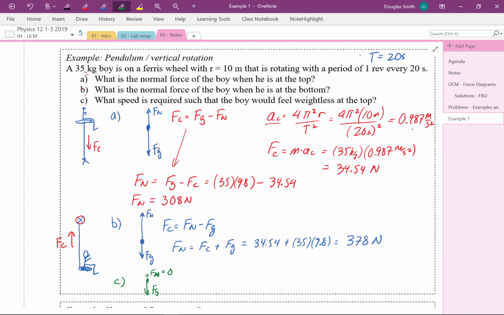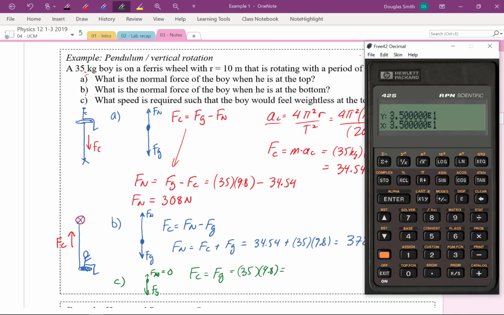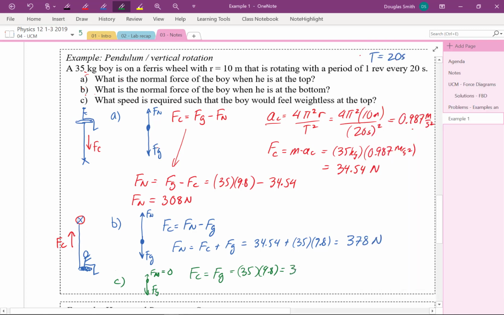You feel like you're about to fall because nothing's pushing you up. So in this case, there is no Fn, so Fc is equal to Fg. So in order for that to happen, you need an Fc of 35 times 9.8. So that's 343 newtons.